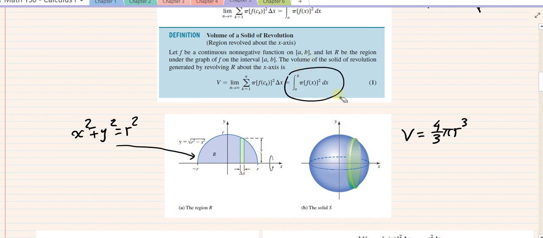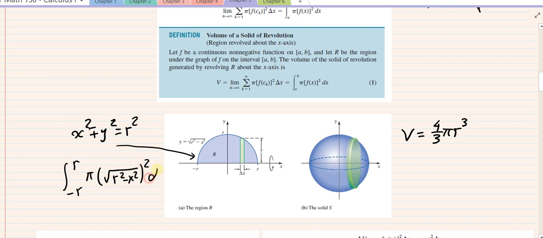So in this case, all you have to do is just use the formula that we have, right? The limits of integration go from negative r to r of pi. R would be square root of r squared minus x squared, pi r squared times thickness. And if you evaluate this, which we can, the volume is going to be 4/3 pi r cubed.